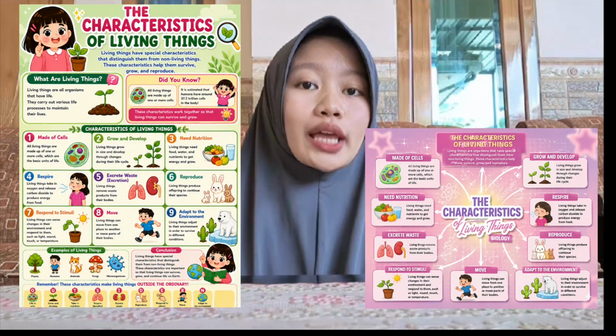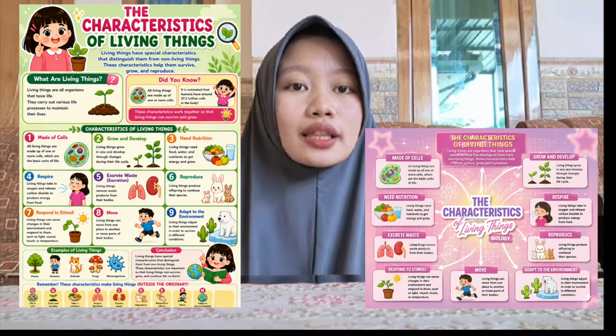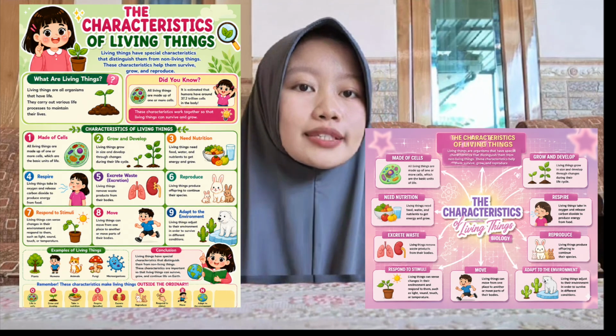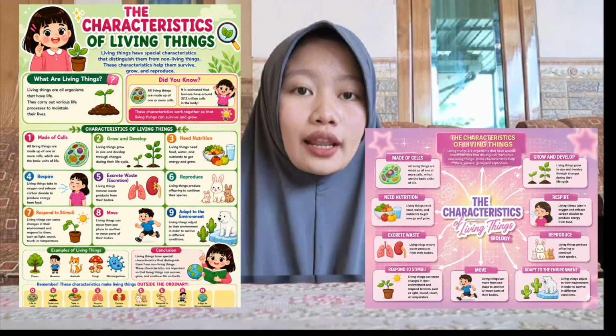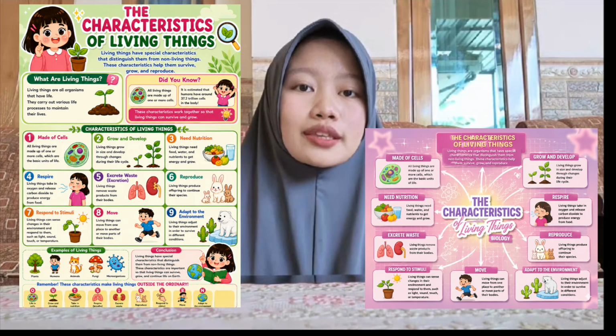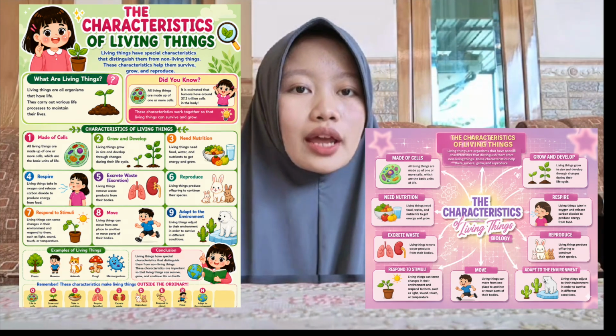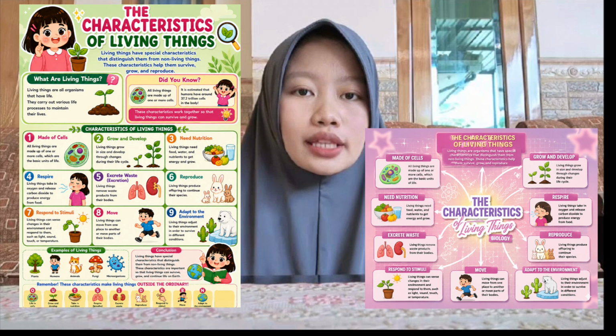Understanding these characteristics is very important because it helps you learn more about biology and appreciate the diversity of life on Earth. Today, through my poster and mind map, I will explain each characteristic thoroughly and provide simple examples from everyday life. I hope this presentation will help everyone understand the topic more easily.